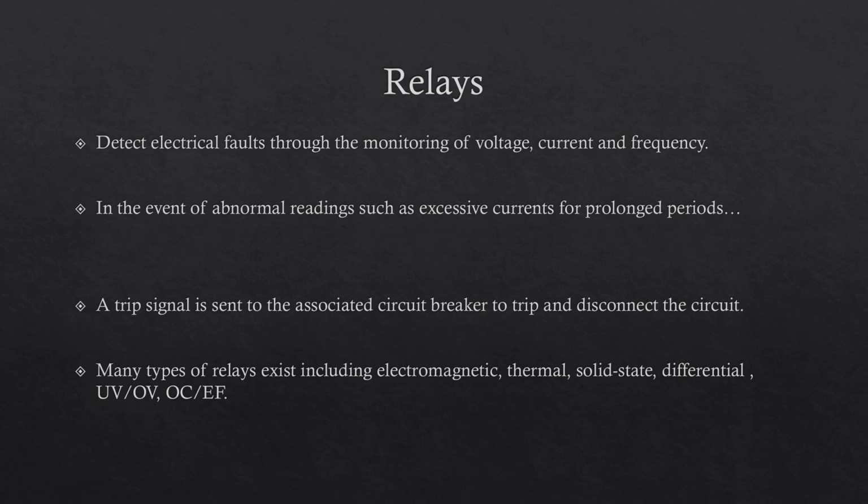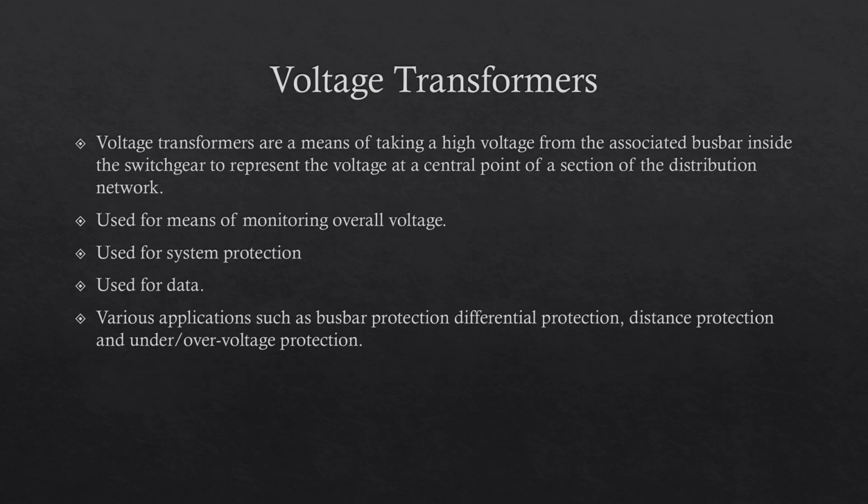Okay, so following on from that, to aid the actual relay in monitoring, voltage transformers, based on what we just have on the screen, are a means of converting a voltage.